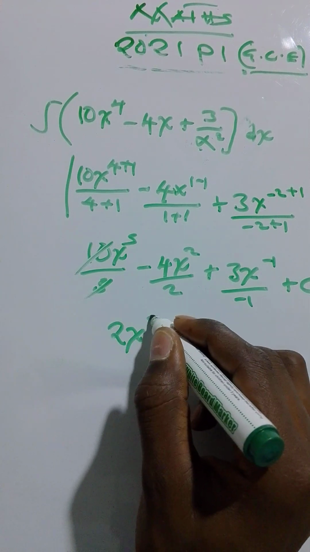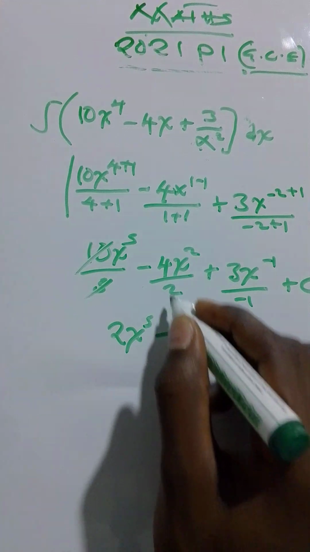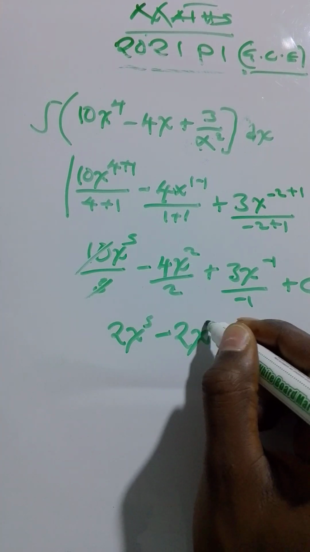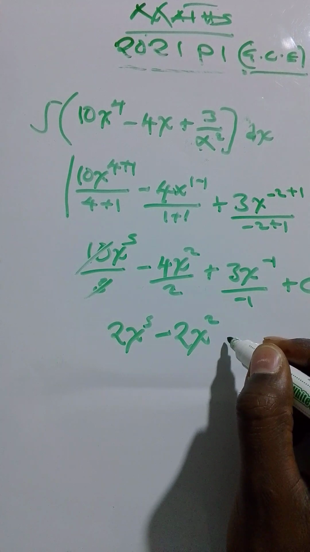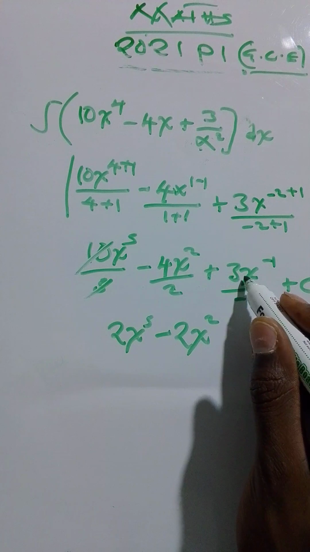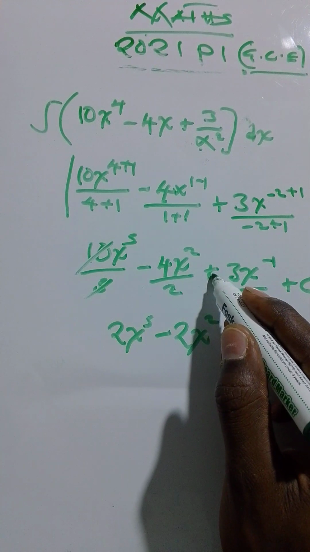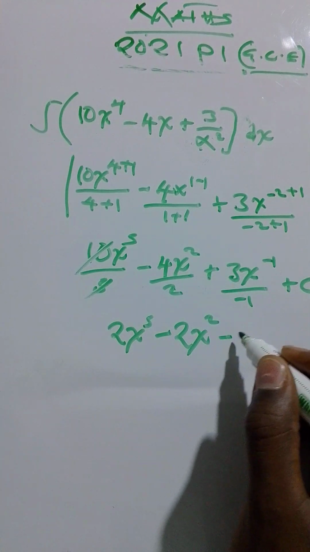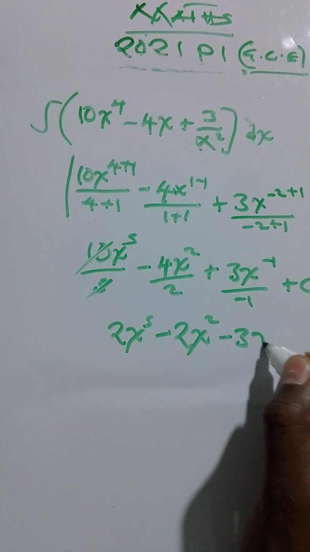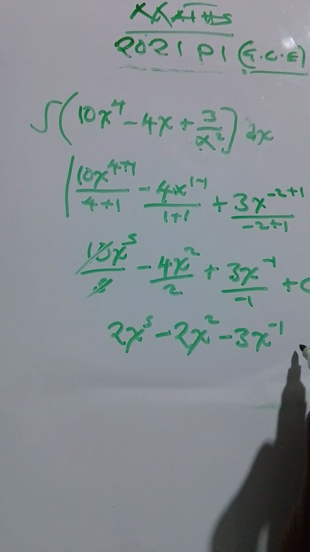Then minus 2 into 4, it's 2, then x to the power 2. Then here we have a negative, so negative 1 into this one, you're going to have negative 3x to the power negative 1 plus c.